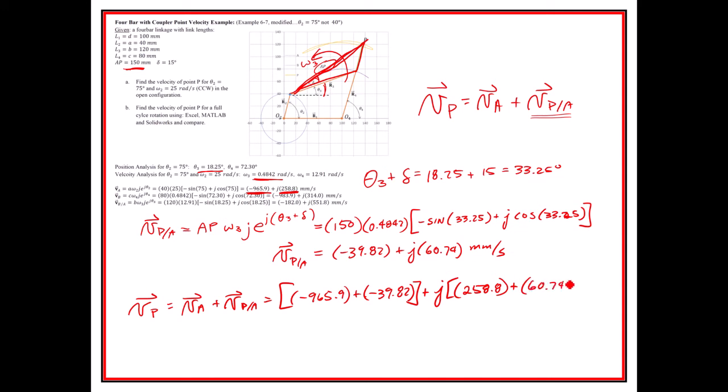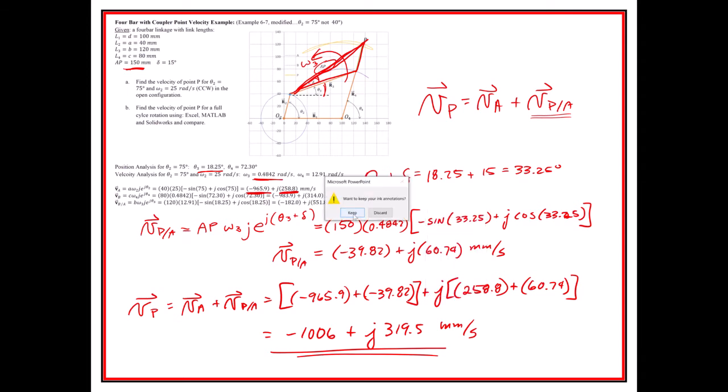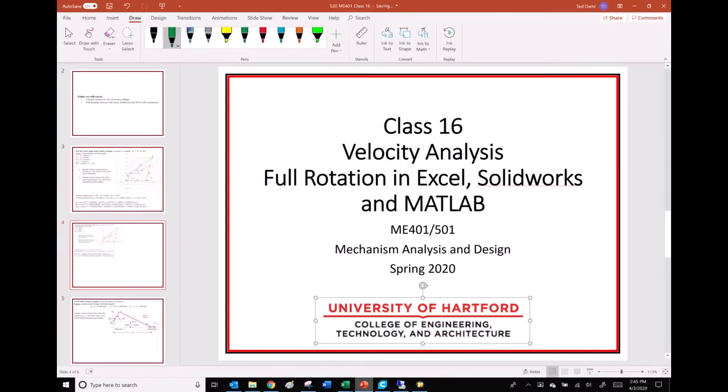And what we're left with is that we get 1006 plus j 319.5. These are millimeters per second. So we're going to keep that because we want to compare it to what we get in Excel. So we keep it. All right.